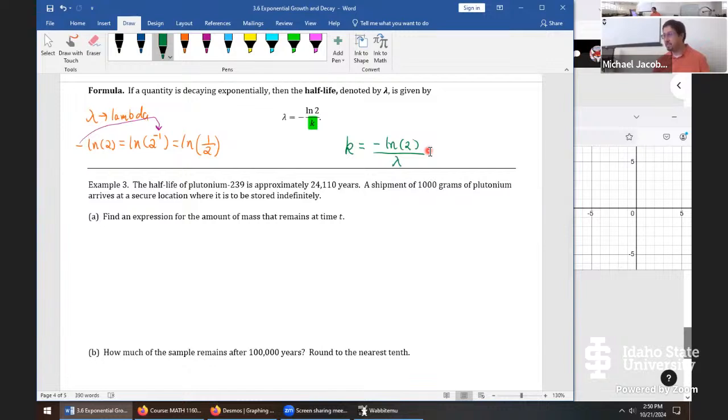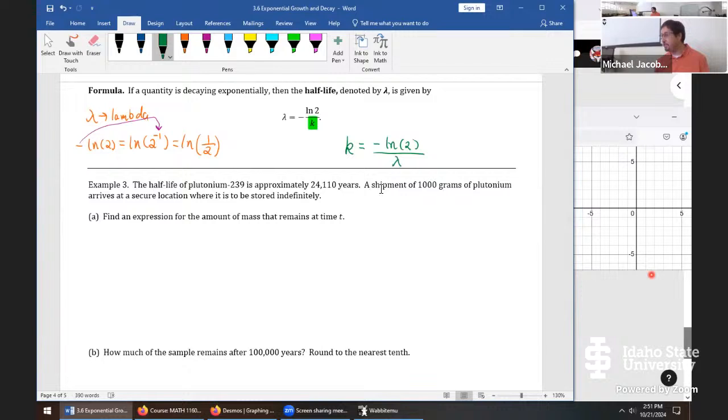Okay, so here's how a pretty standard kind of question along those lines is going to go. We have information that the half-life of plutonium-239 is approximately 24,110 years. So this is the not great stuff. You could make some interesting missiles and things like that out of that kind of plutonium.